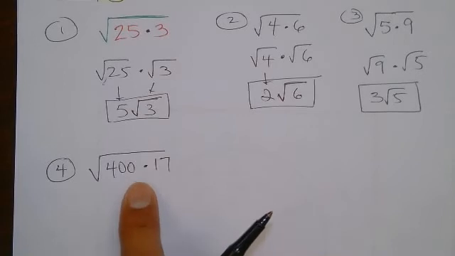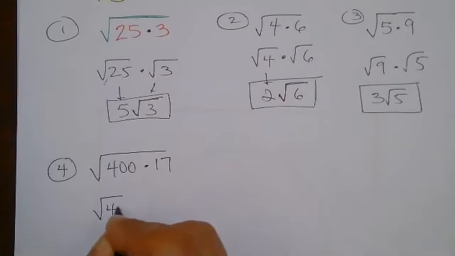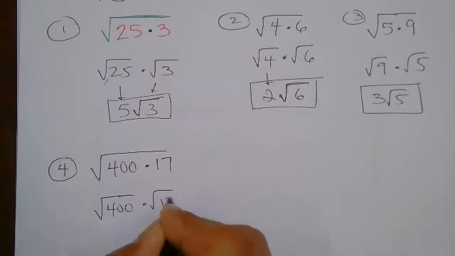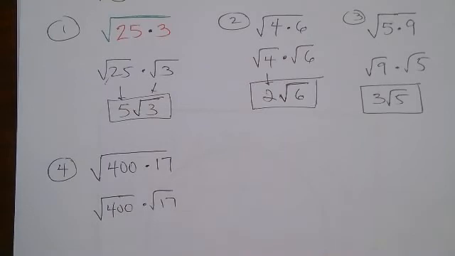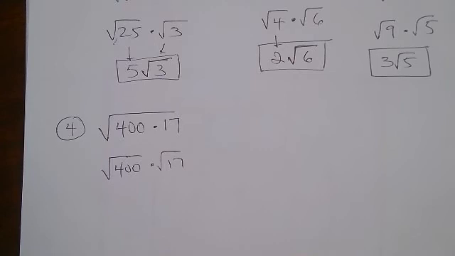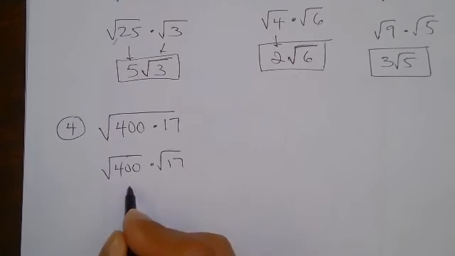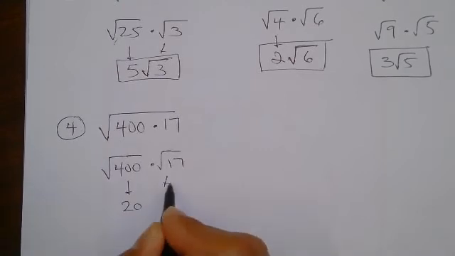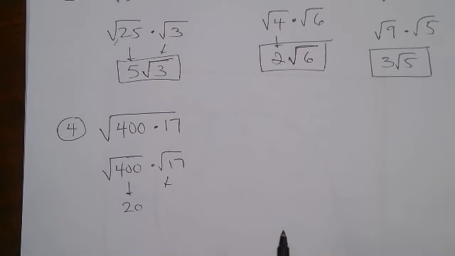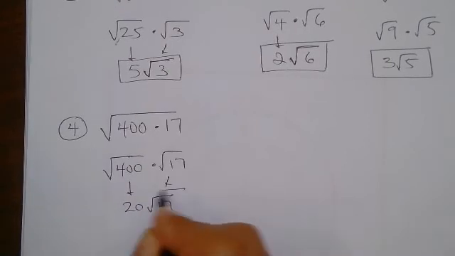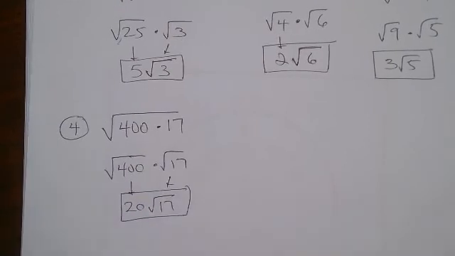I know 17 doesn't have a square root, so it must be the 400. The square root of 400 is 20, and the 17 does not have a square root, so it just stays like that. Okay, are we good with that?